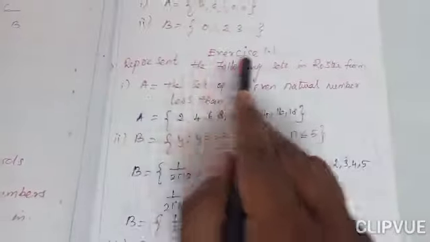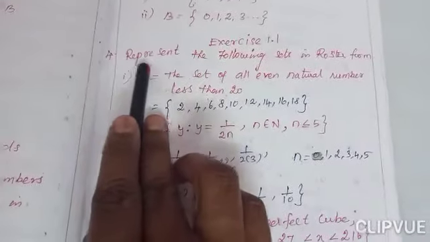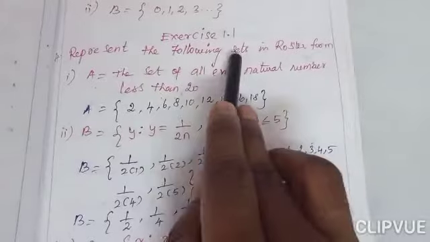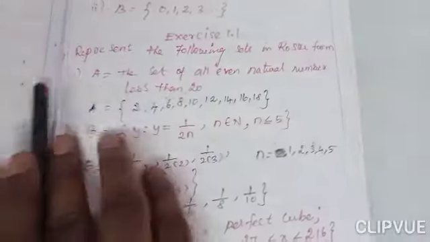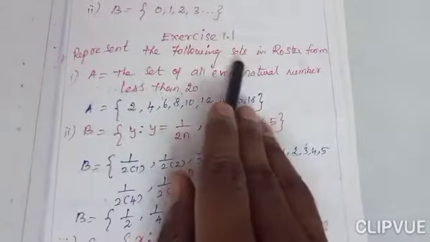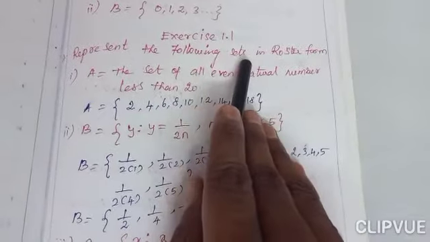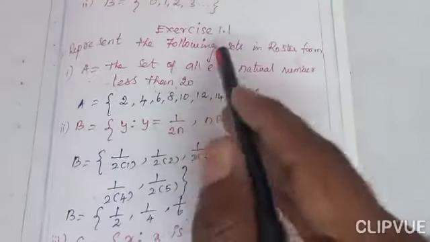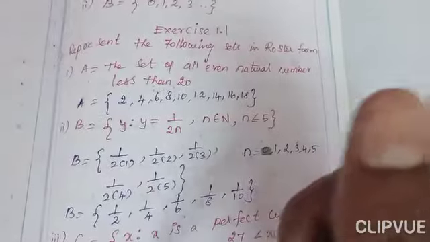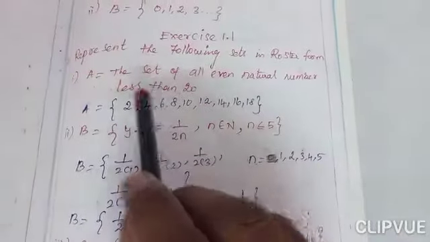Exercise 1.1, 4th Roman number. First you have to understand the question. Represent the following sets in roster form. Now we are going to represent the given sets in the roster form. Already in the beginning of this class itself I explained the roster form.